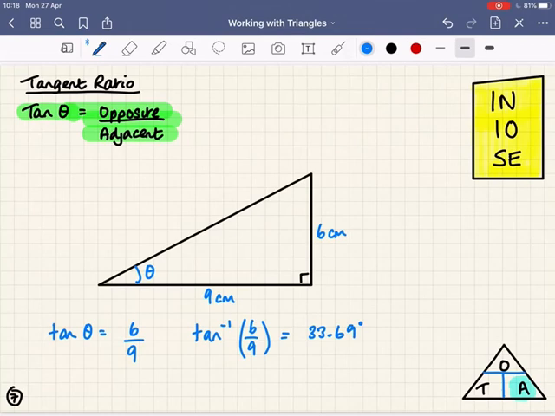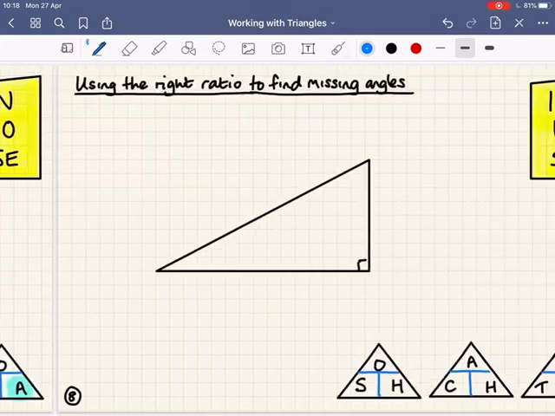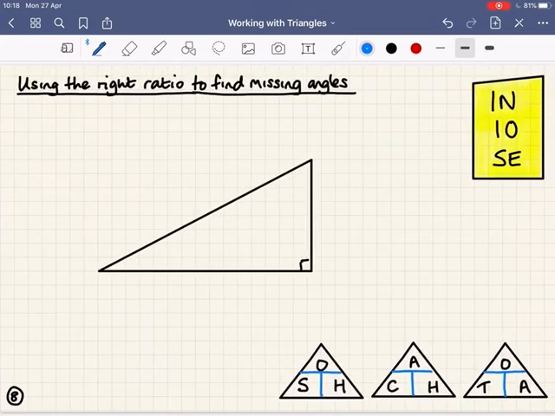So those are the three ratios, and it's all about knowing what are the three variables that you are working with. There will be an angle, and then there will be two other sides, and the two sides will tell you whether to use sine, cosine, or tangent. There they are encapsulated in those three triangles, which are useful because they help you to rearrange given the information you have.